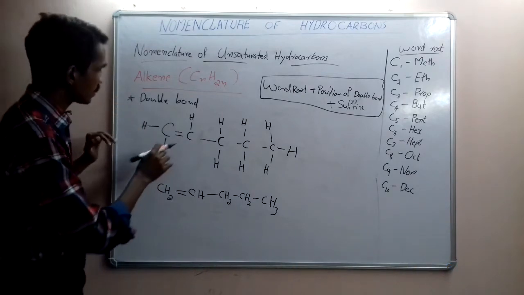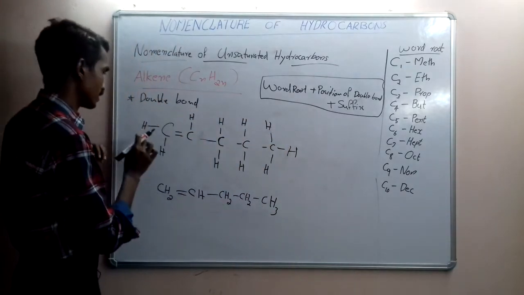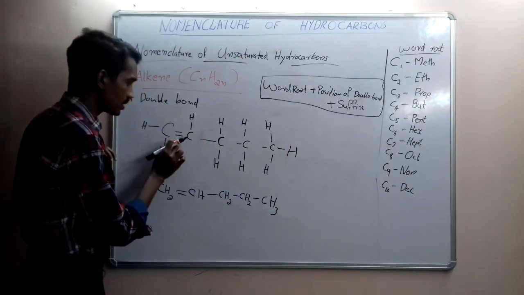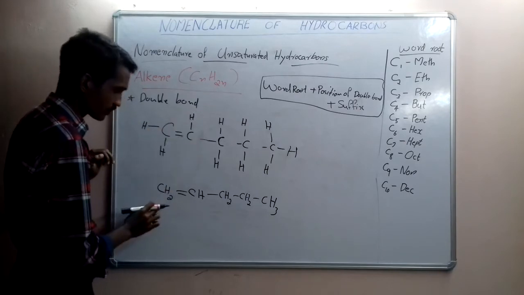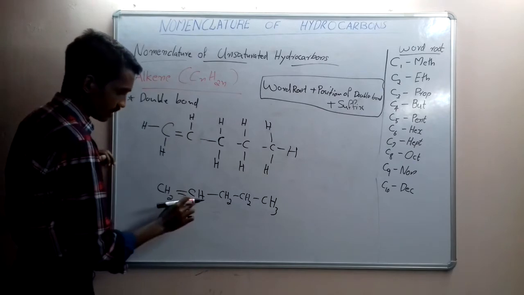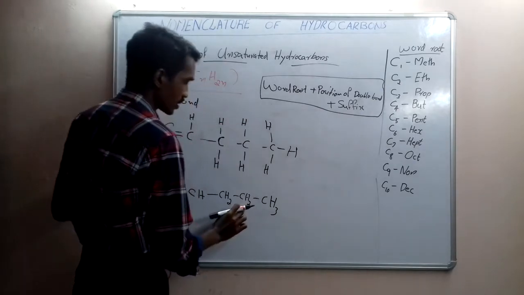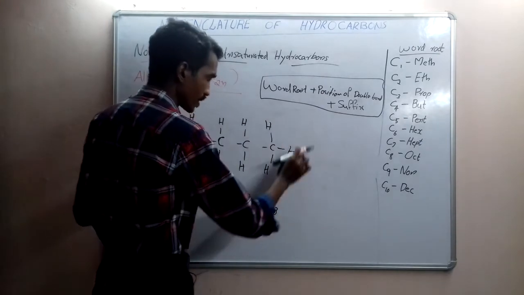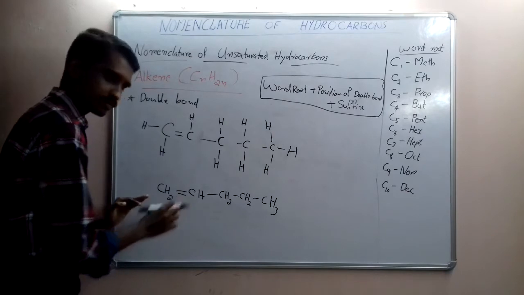This is the structural formula of an alkene, where a double bond is present here: CH2, CH, CH2, CH3. This is the short form.